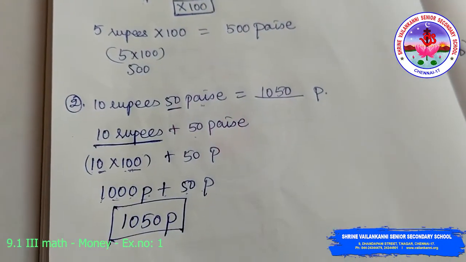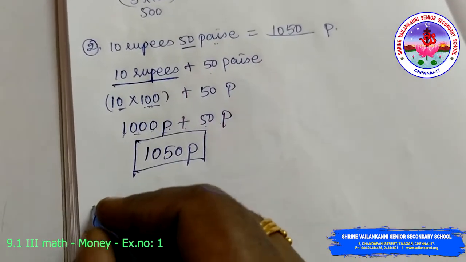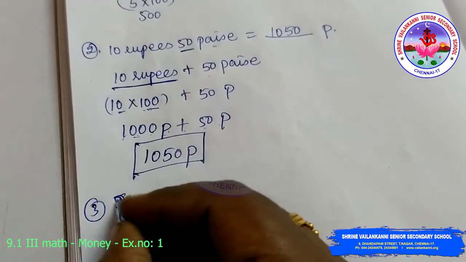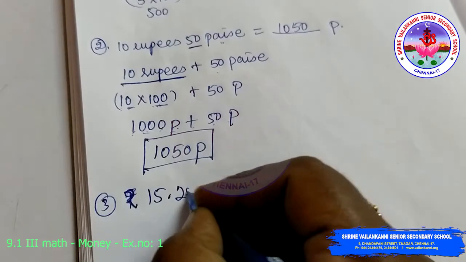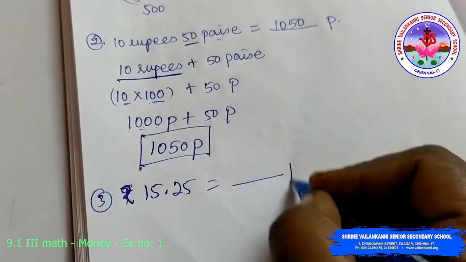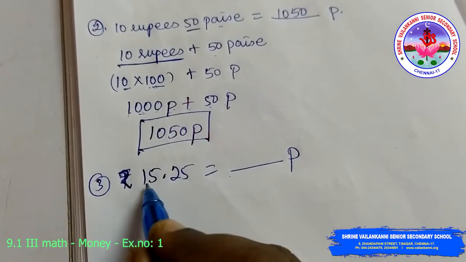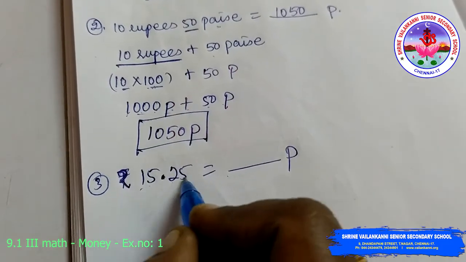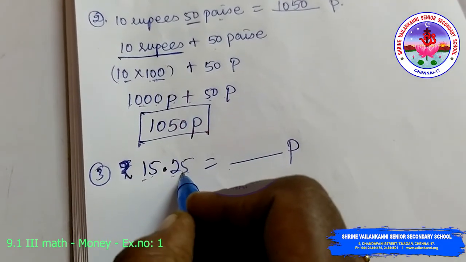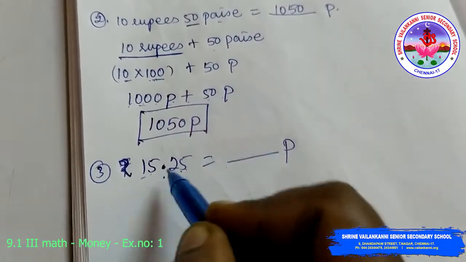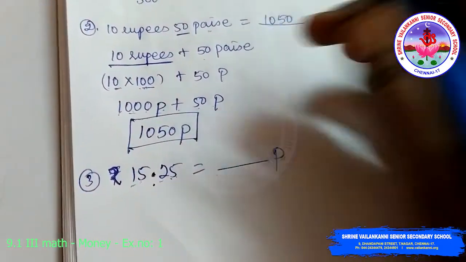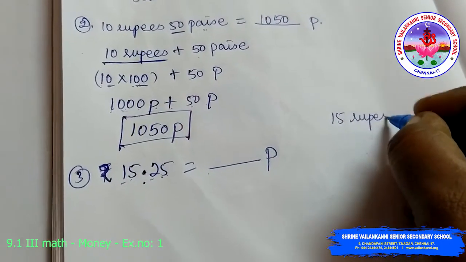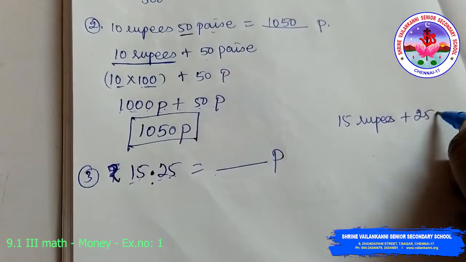Understood? For example, I'll show you one more sum: 15.25 rupees. This has to be converted to pies. Here the dot is mentioned. This dot splits the rupees and pies, that is 15 rupees 25 pies. You have to understand this and then do the same step. 15 rupees plus 25 pies.